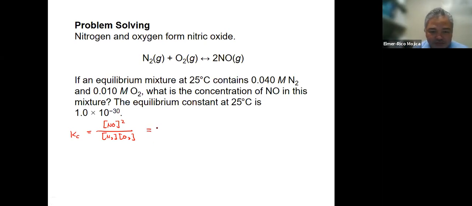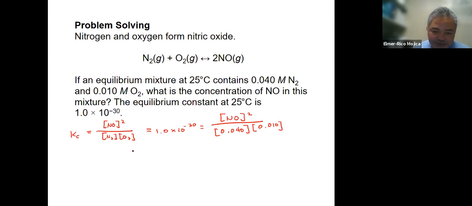So you're given 1.0 times 10 to the negative 30 for your Kc. You don't know the NO, because that's the one being asked, but you have 0.040 times 0.01.